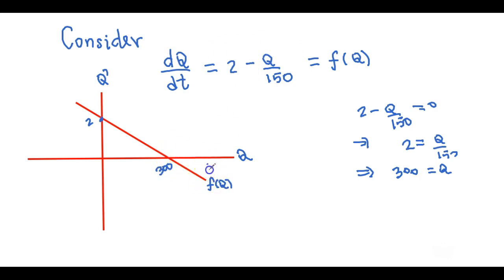Now, on this region here, Q prime is negative, and that means that Q would be decreasing. The arrows in the flow are going to be pointing towards the left. In this other region, Q prime is positive, which implies that Q is increasing, and here the arrows in this one-dimensional flow will be pointing towards the right, which means that this equilibrium point is stable.